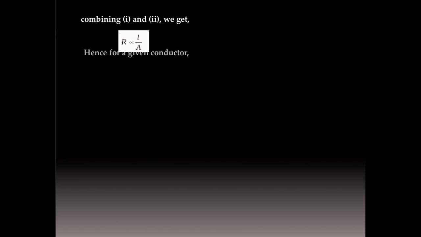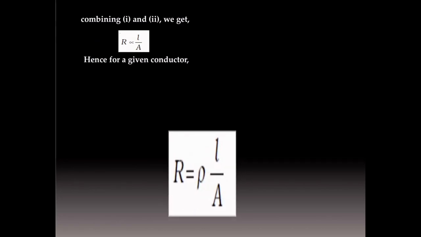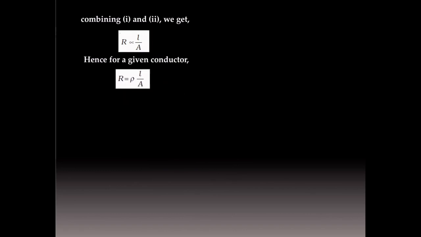If we combine 1 and 2, we get resistance is proportional to length upon area, and when we remove this sign of proportionality, we get R is equal to constant times L by A, and this constant is known as resistivity. Its symbol is rho.